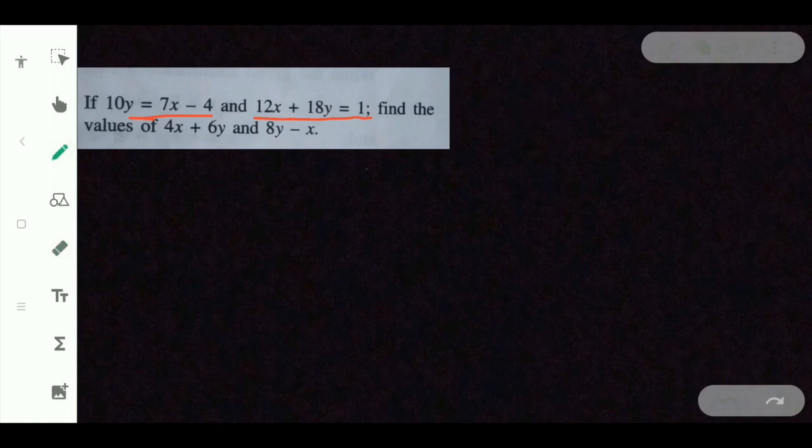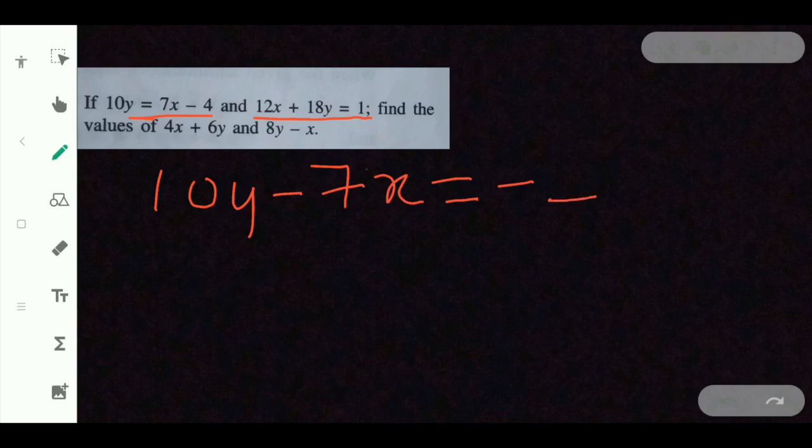I am writing it down. 10y minus 7x is equal to minus 4.